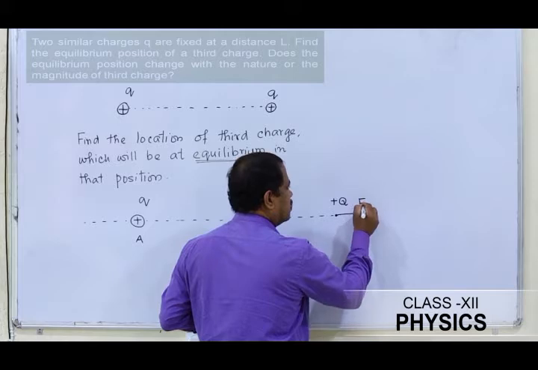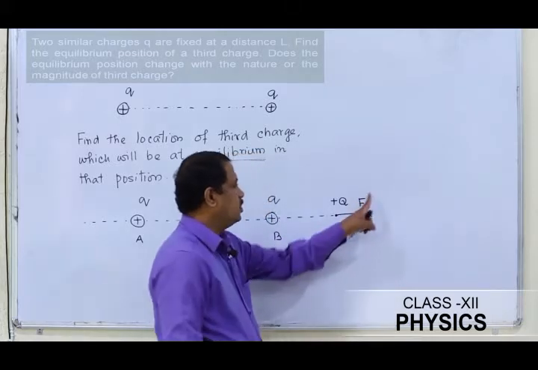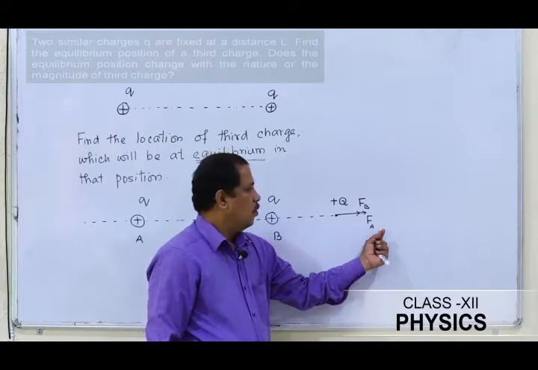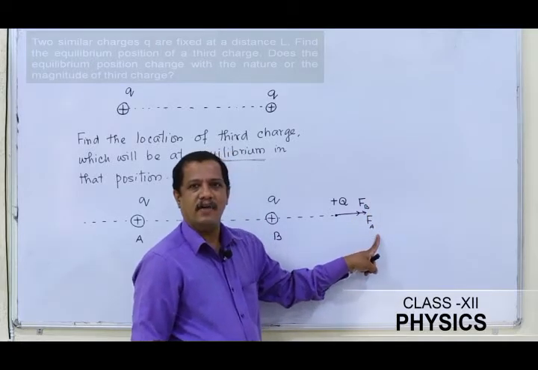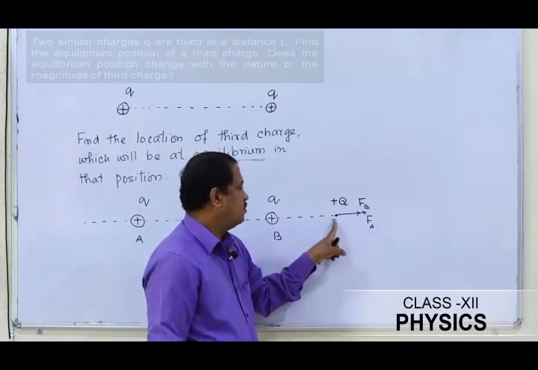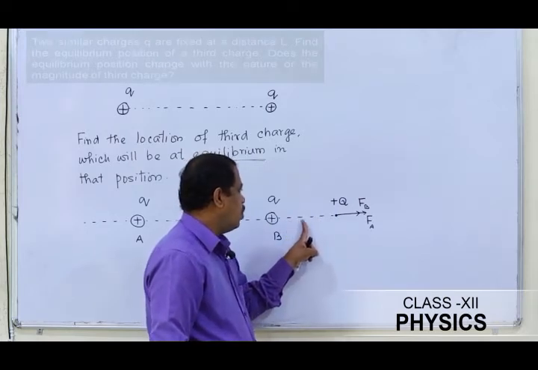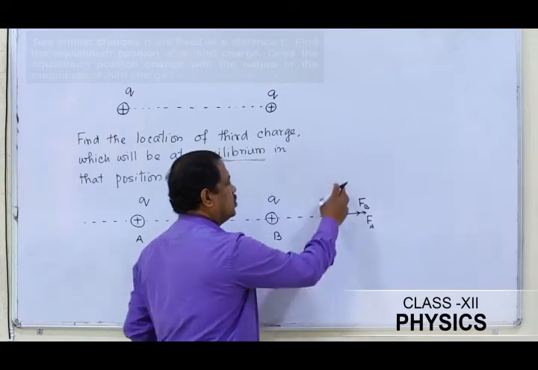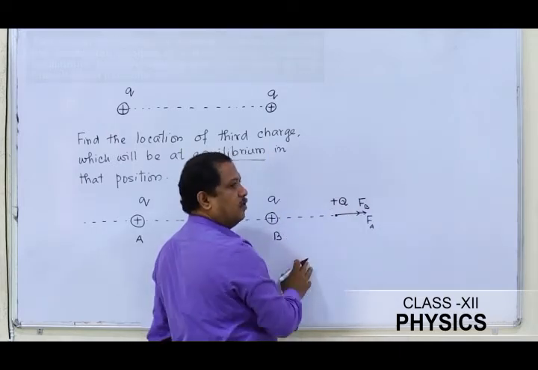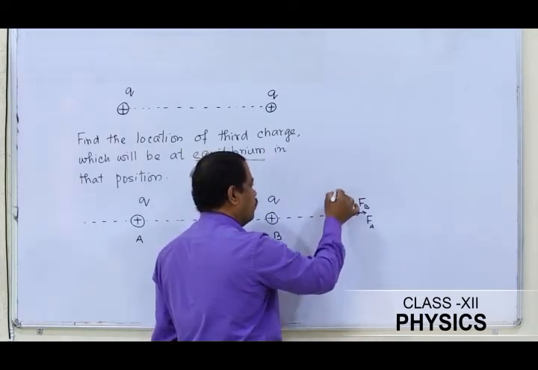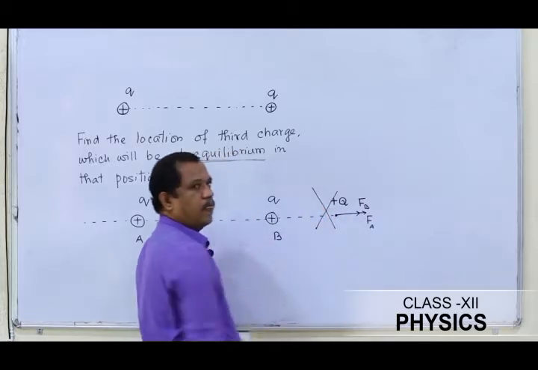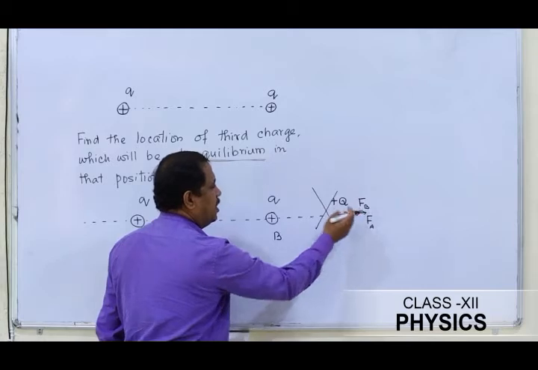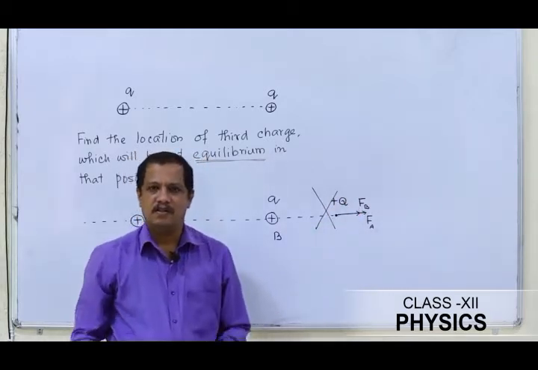So Fb is in this direction. Two forces acting along the same direction will be added together to have a net force. That means at any point on the right side of B, this charge will always have non-zero force, so we cannot have a point to the right of B at which the plus Q charge will experience 0.